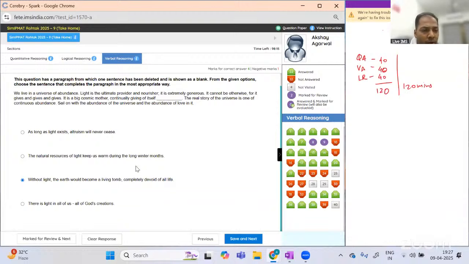There's nothing mentioned about God, resources of light, light exists, altruism.